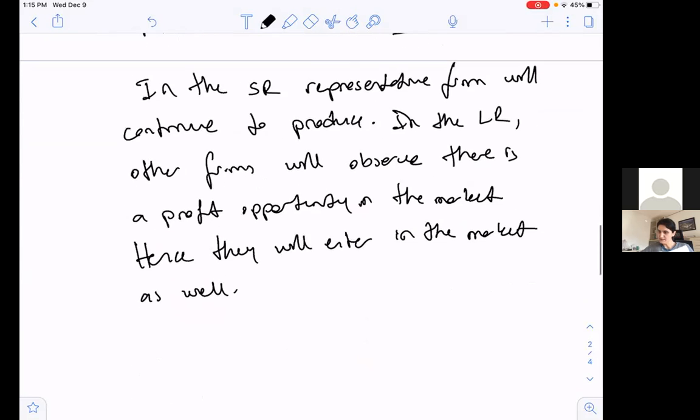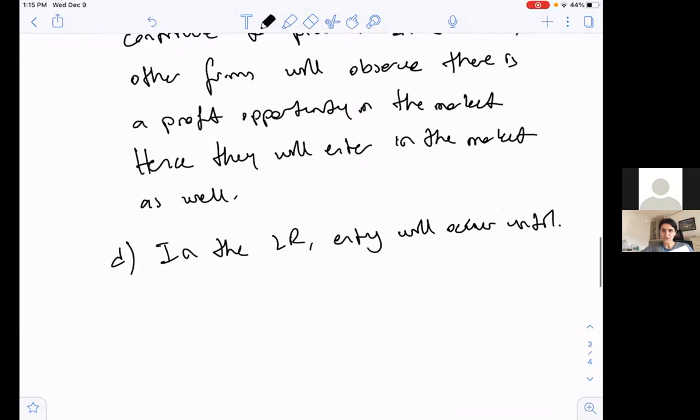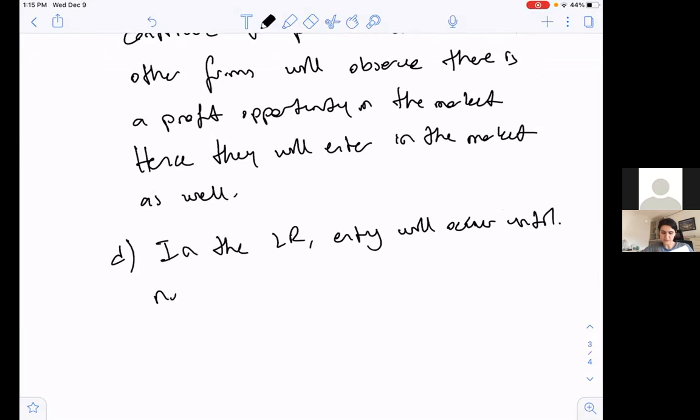Okay, and then what will happen in the long run? This is D. In the long run, entry will occur until no firm in the market makes profit.